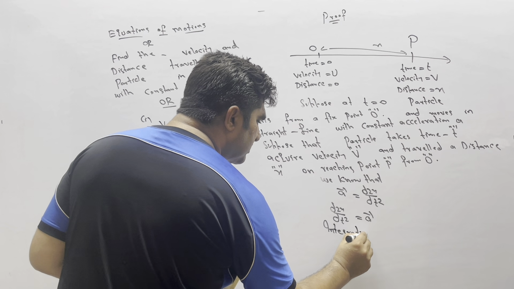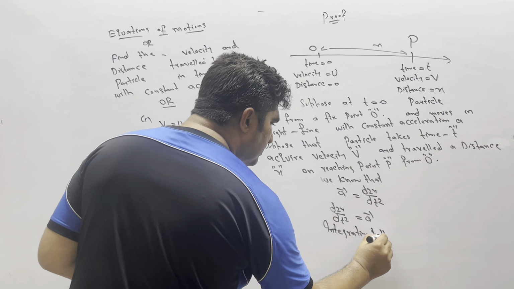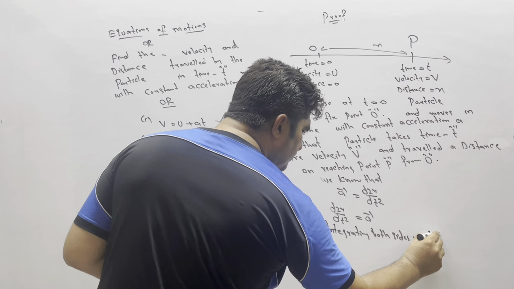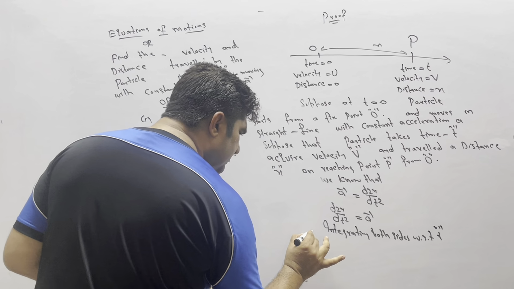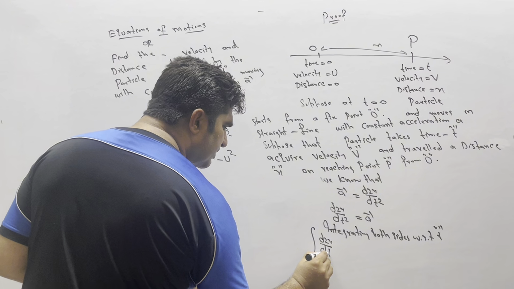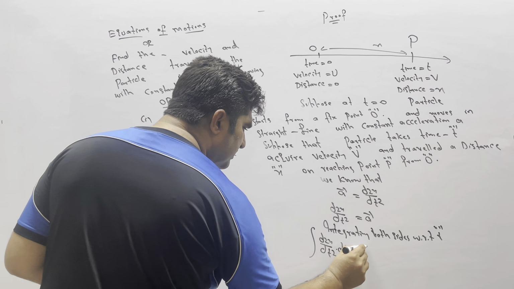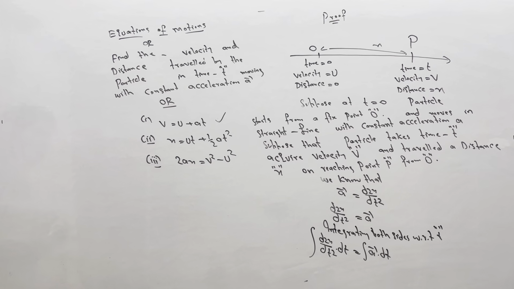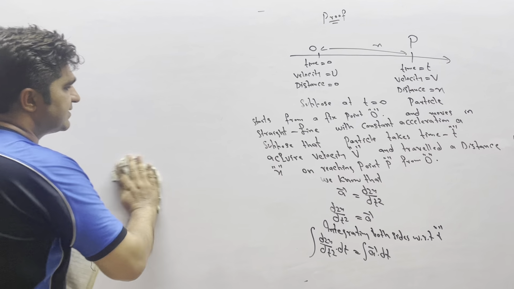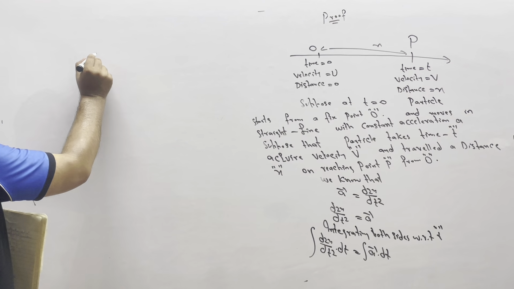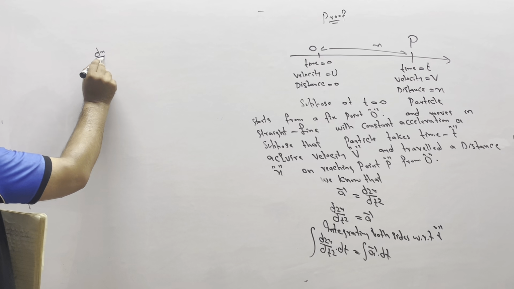Write down here: integrating both sides with respect to t. So if I integrate here with respect to t, it will be d2x over dt square into dt on the left, and a into dt on the right. If this is d2x over dt square, its integration will be dx over dt.